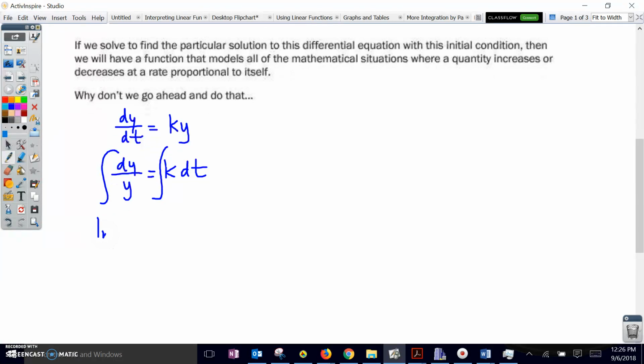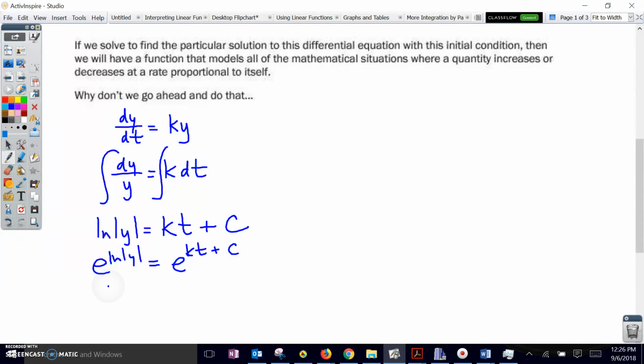That gives us the natural log of the absolute value of y is equal to kt plus constant. And then we raise both sides of this equation e to that power. And so we're going to have e to the natural log of the absolute value of y is equal to e to the kt plus c.